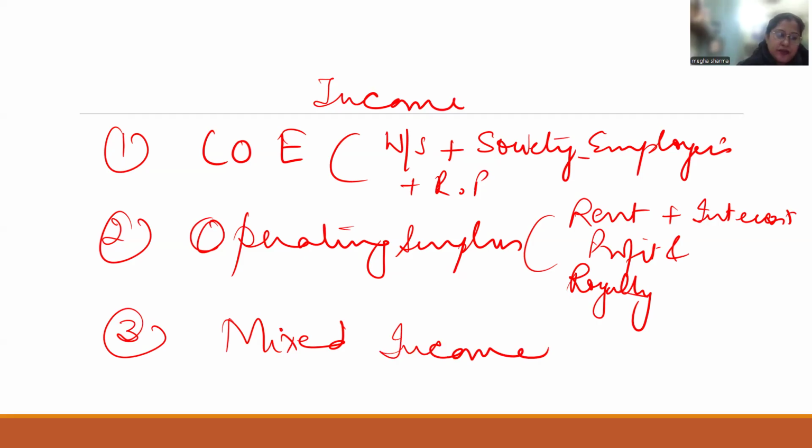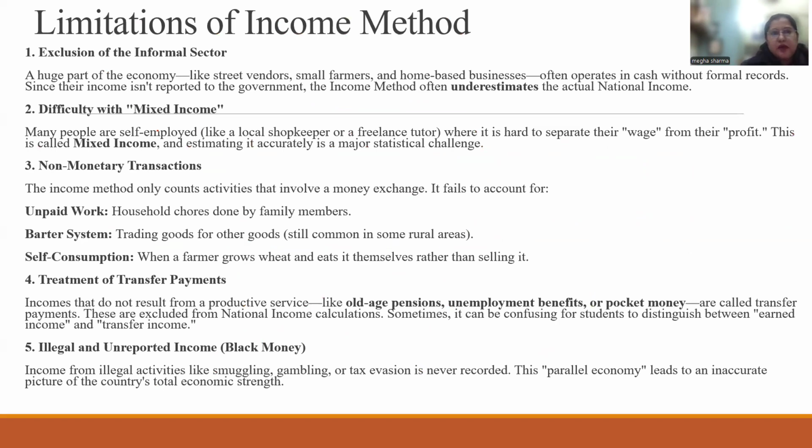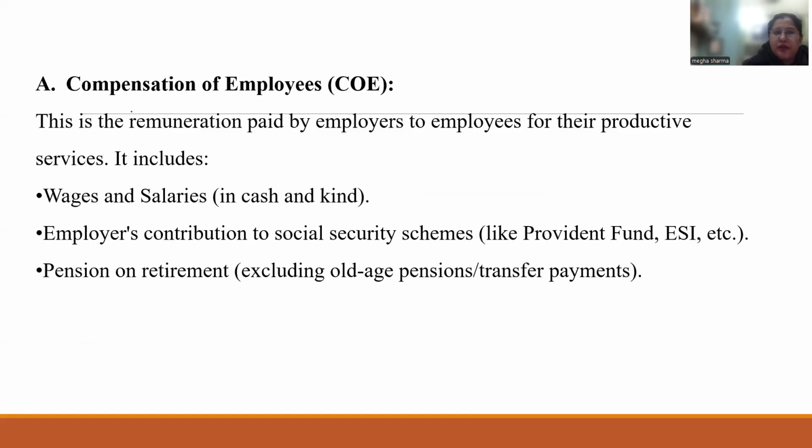It's usually written like this as mixed income in the economy. It's not easy to calculate mixed income, so normally we add the term mixed income as it is. It's income from the other sources which are not calculated in the form of main parameters.